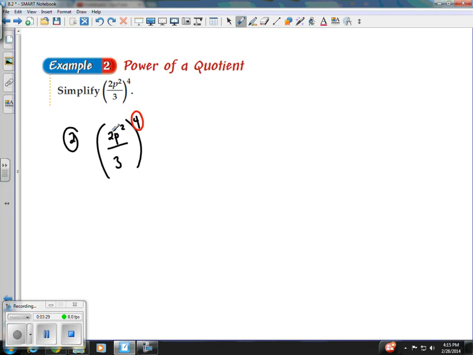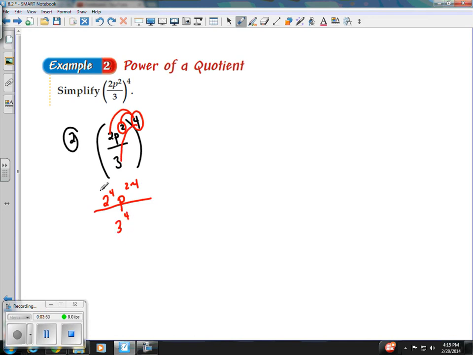So we're going to distribute it to everything. So it's going to be 2 to the 4th power. And then we multiply our variable p's exponent of 2 times 4. So p is going to be 2 times 4. And then my 3 also gets distributed, so 3 to the 4th power.